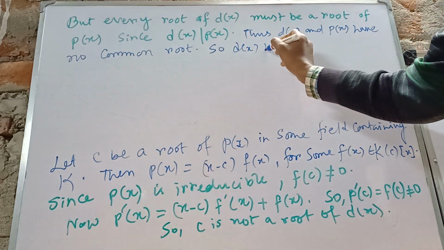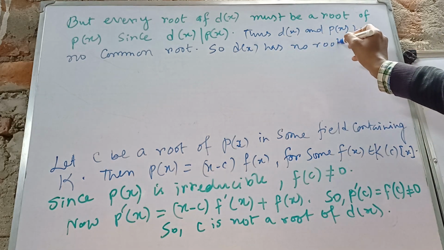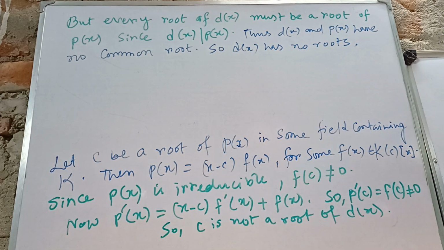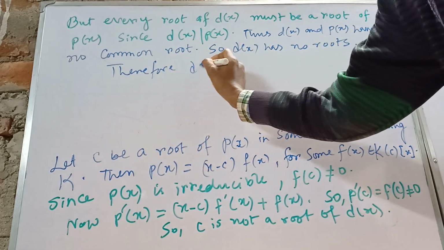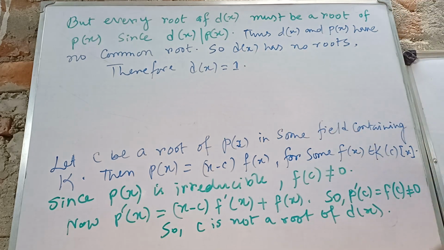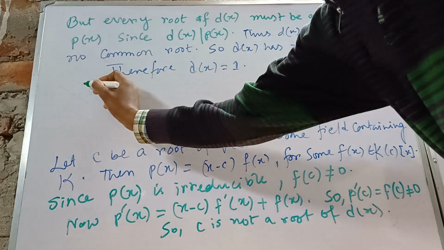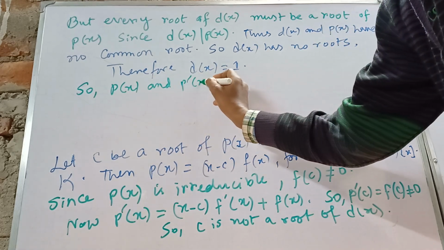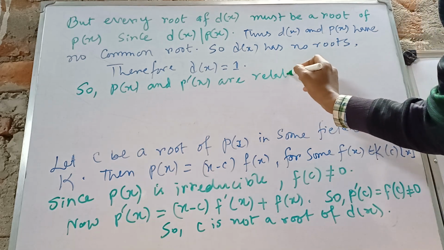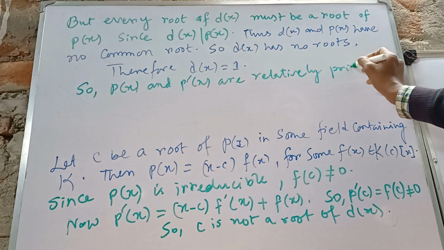Therefore d(x) equals 1. Now d(x) equal to 1 means p(x) and p'(x) are relatively prime. We find this.